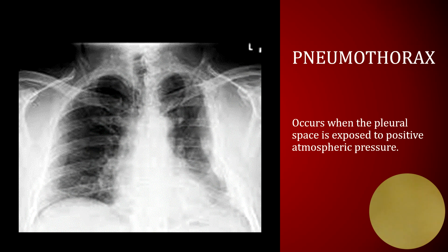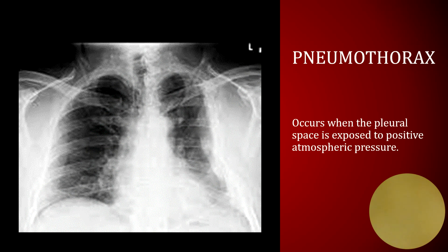Then we have a tension pneumothorax, which is a life-threatening complication of a pneumothorax. This occurs when air enters the pleural cavity during inspiration, but it does not exit during exhalation, and this increases the chest pressure. The lung is completely collapsed, and blood vessels are then compressed by that increased air pressure, which just continues to rise with every inhalation.